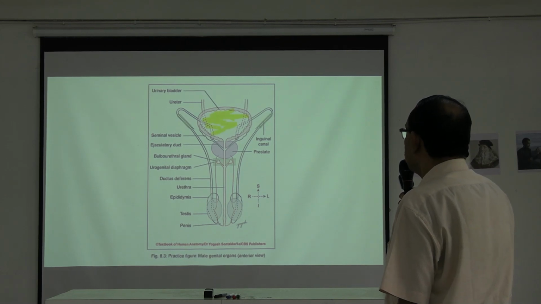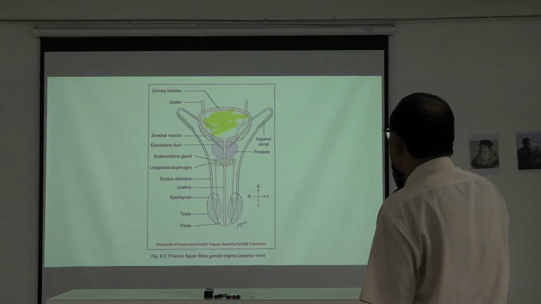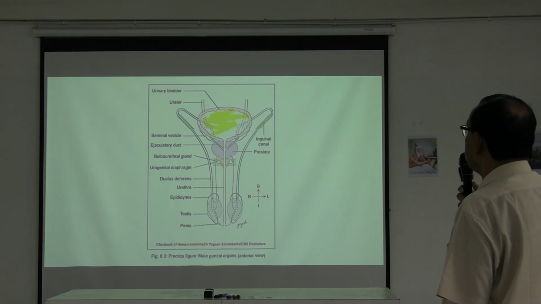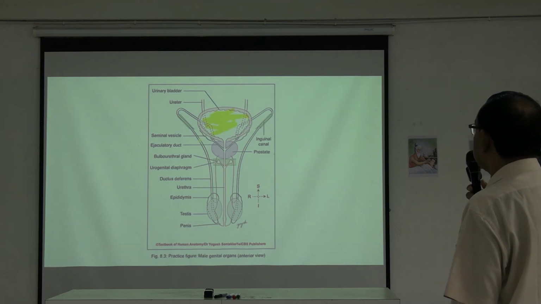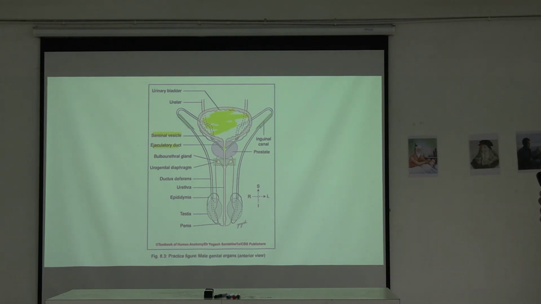And behind the urinary bladder, we can see the tubular channel, which is nothing but the ductus deferens, which joins with the duct of the seminal vesicle. Ultimately, we are seeing that ejaculatory duct, and ultimately it opens in the prostatic part of the urethra.